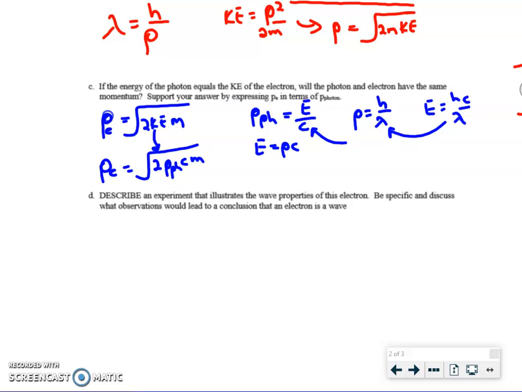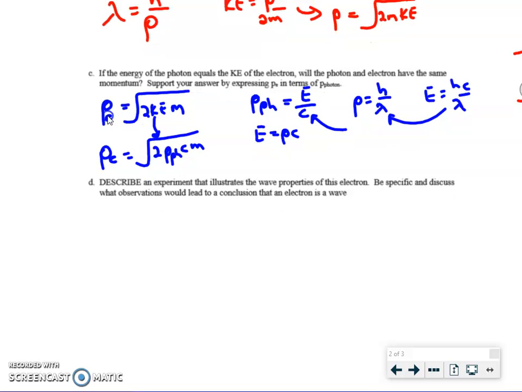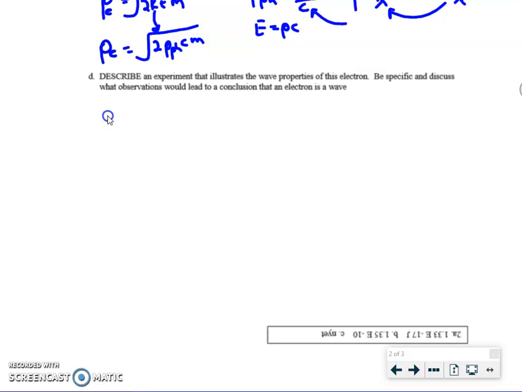Okay, so the last question is to outline an experiment that would show that we have wave properties of an electron. This is really important, that you be able to describe this in outline form, and I'm just going to give you the skeleton form. What you want to do is take a beam of electrons. It can't be done with one, in other words.